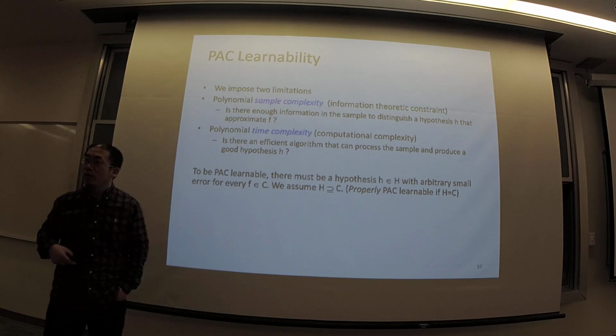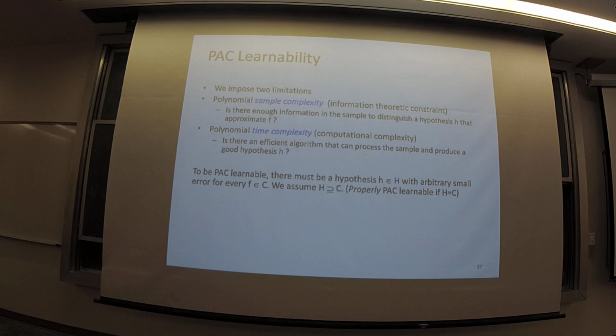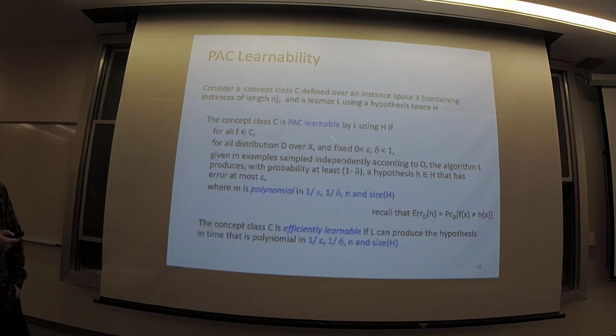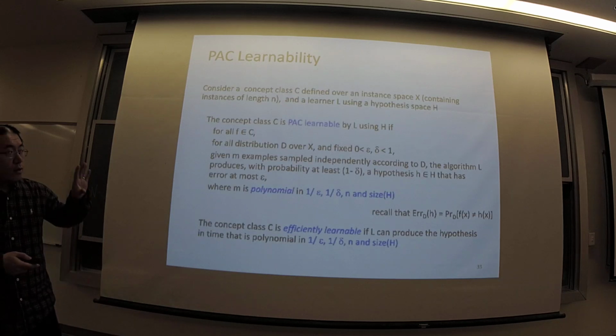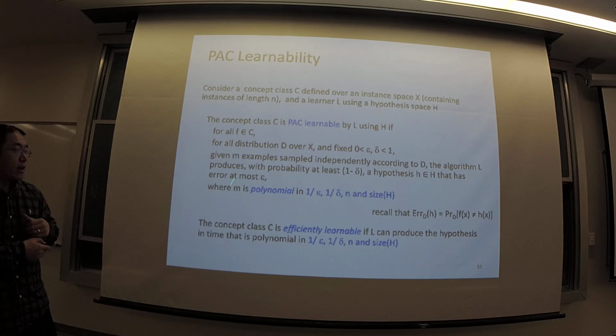Any questions so far? In the definition, there's the epsilon and the delta, and how do we know those values? You do not know these values. The definition says that for arbitrary epsilon and delta you're given, as long as it uses polynomially many examples in these 4 numbers to satisfy this level, then you can claim it's PAC learnable.